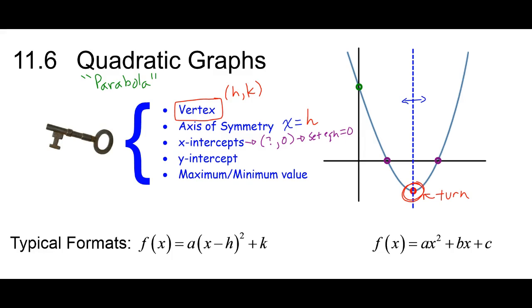And then the y-intercept is the place where the graph crosses the y-axis, so that's going to be 0, something. And that's a lot easier to deal with because you just plug in x equals 0. And that doesn't require you to solve any sort of quadratic equation. Usually it requires just a little tiny bit of arithmetic.